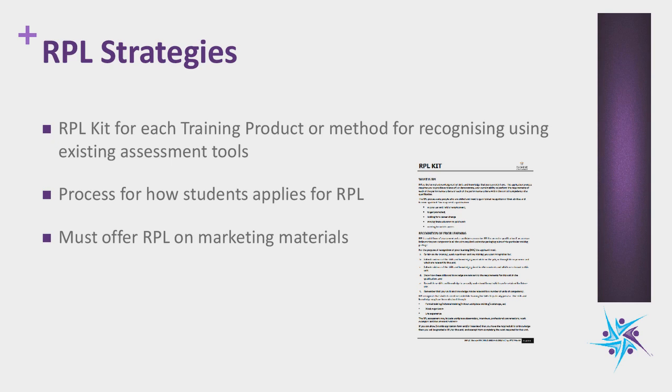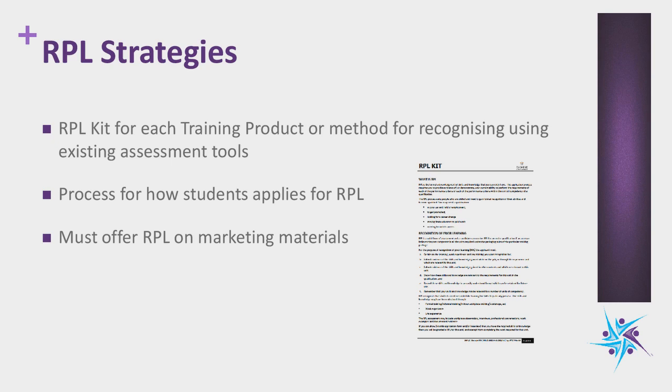We have an RPL kit in the Unicorn Docs, so you should download that, and you'll need to contextualize it. You can't use the RPL kit as it is. It's just a template that you can use if you don't have any RPL tools with the assessment tools that you have purchased or developed. You can use it for developing your own, and there are instructions in there on how to do it.